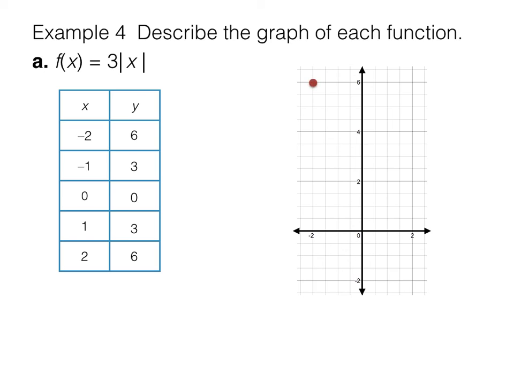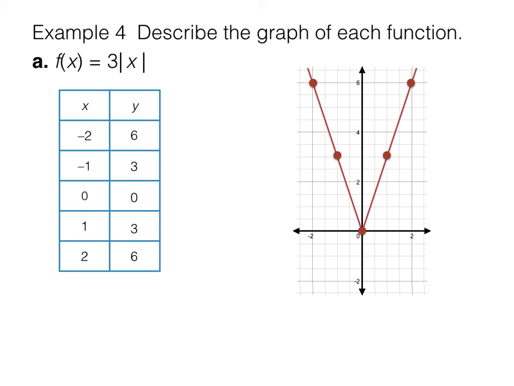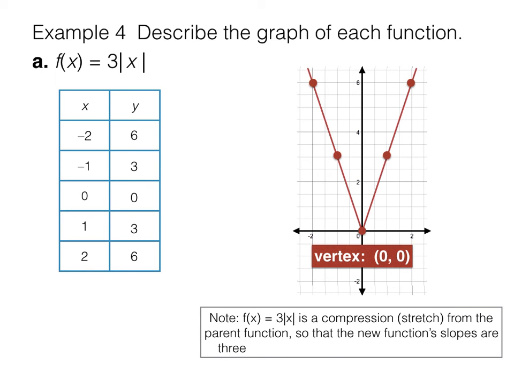So we can plot these points, and we'll notice something interesting, that the vertex remained the same because we did not have a horizontal or a vertical shift. But this graph underwent a compression, a stretch.